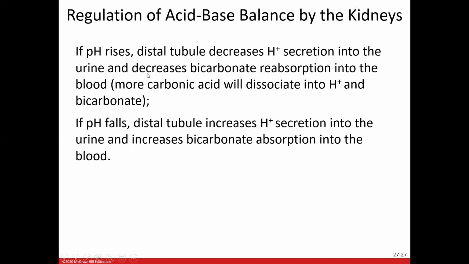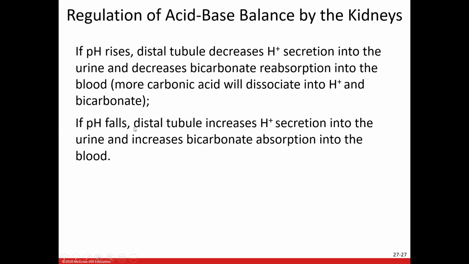At the same time, we're going to decrease that bicarbonate reabsorption because bicarbonate is a buffer, and a buffer can uptake more hydrogen ions. So the combination of having more hydrogen ions be reabsorbed into the blood and less bicarbonate that could counteract that is being excreted, meaning that we're going to then lower the pH to counteract that basic level of blood.